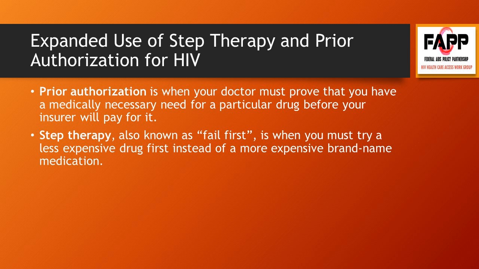Prior authorization is when your doctor has to get approval from the plan before the plan agrees to pay for the drug, often justifying why the drug is medically necessary or that it's being prescribed in accordance with its indication. The second one, step therapy, also known as fail first, is the requirement that an individual try a less expensive drug first before being allowed access to a more expensive, often brand name medication. These are essentially cost-saving measures for plans. That is the purpose behind them. They are designed to limit access to higher cost drugs if there are other alternatives. So next slide.